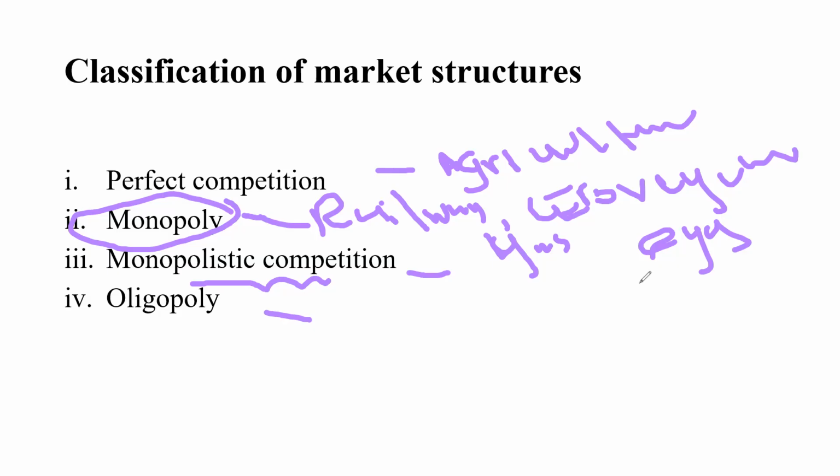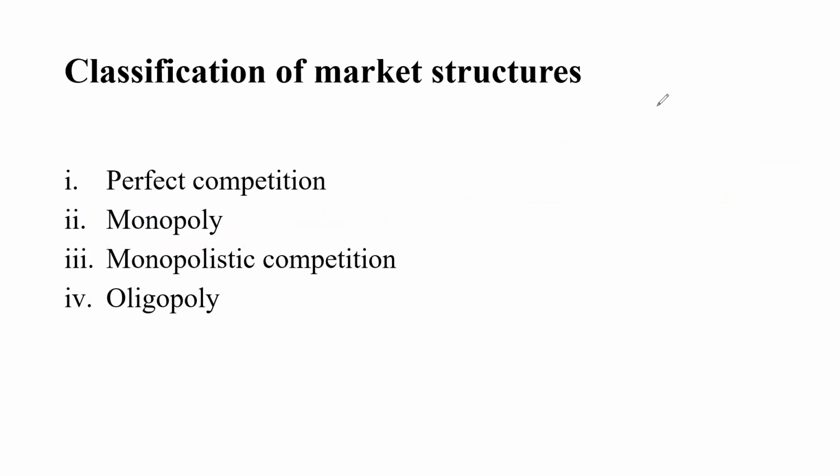Then if we consider oligopoly market structures, most relate to the oil market, the steel market, and the cement market. Those commodities come under the oligopoly market structure.